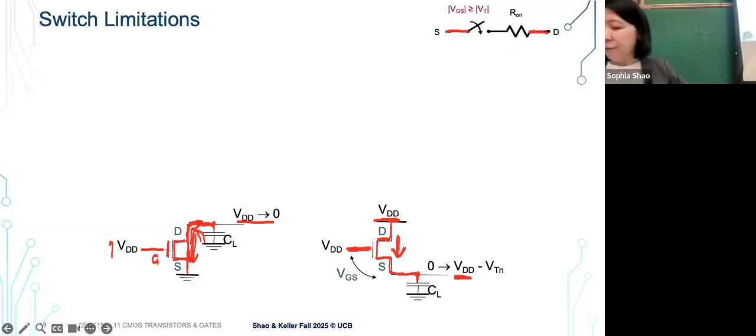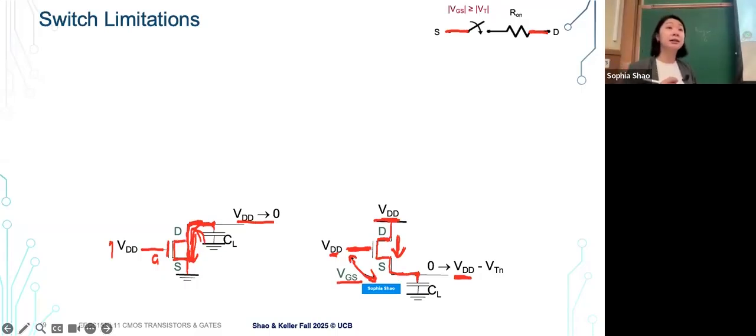When the switch is on, the voltage between gate and source needs to be greater than the threshold voltage. That's the condition for having a conducting channel. The gate voltage needs to be higher than the source voltage by VTH, the threshold voltage.